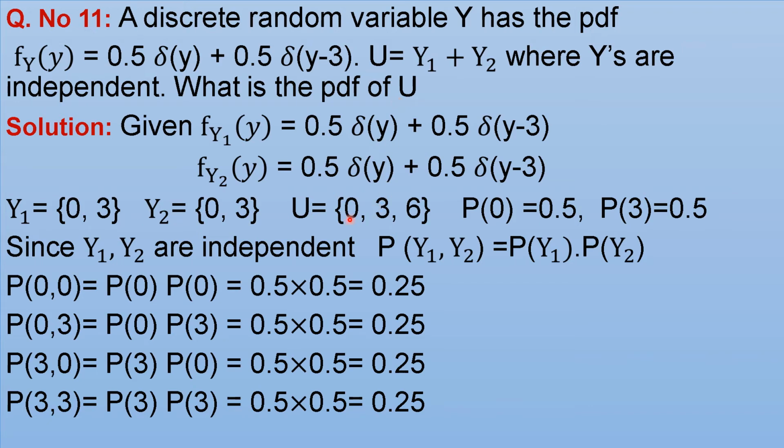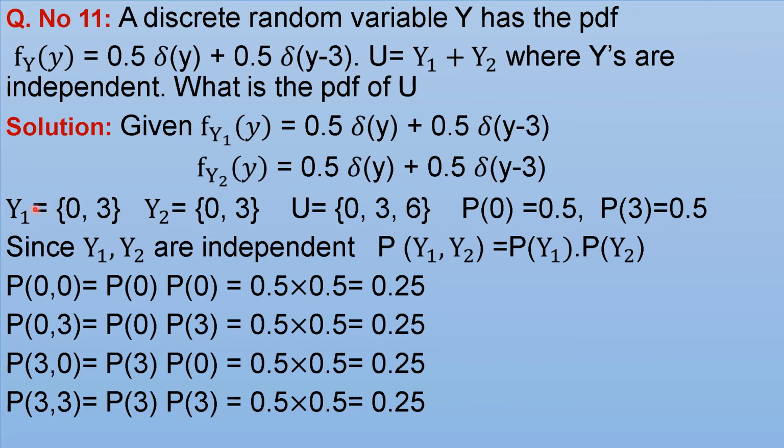For each of these possible u values, you should know the probability of u being 0, the probability that u will be equal to 3, and the probability that u will be equal to 6. Corresponding to these 3 u values, if you know their probabilities, then you can write the probability density function of u in terms of the delta function. So first we will calculate it.